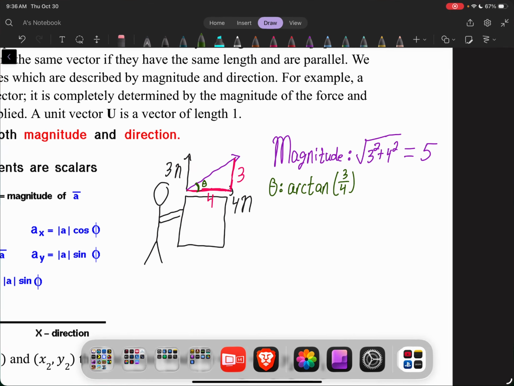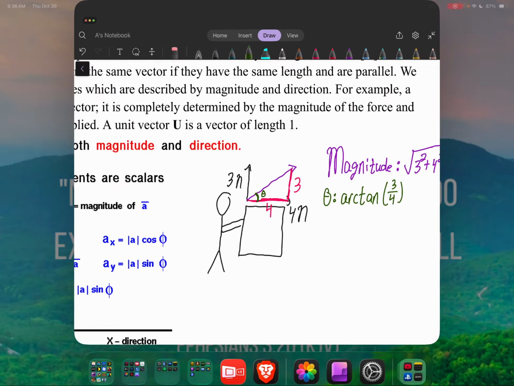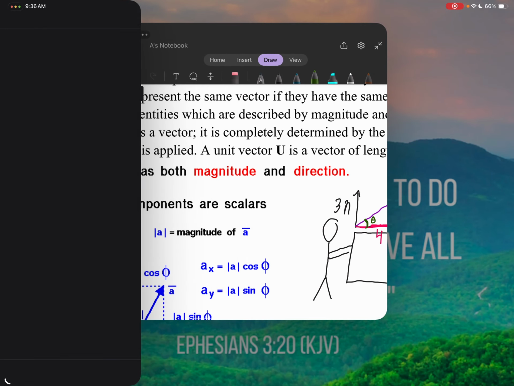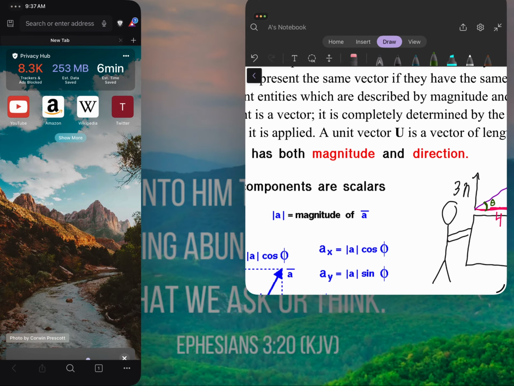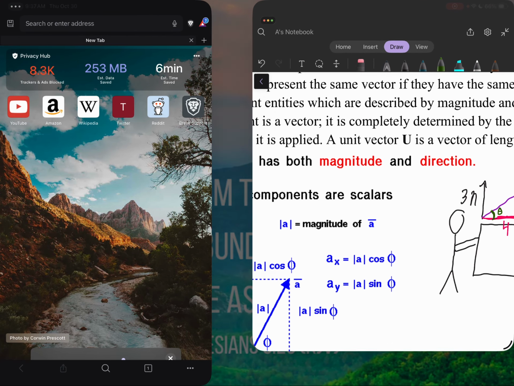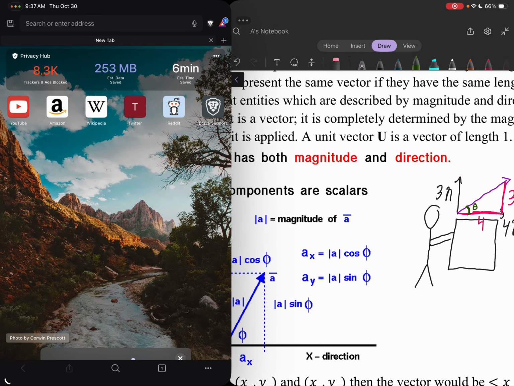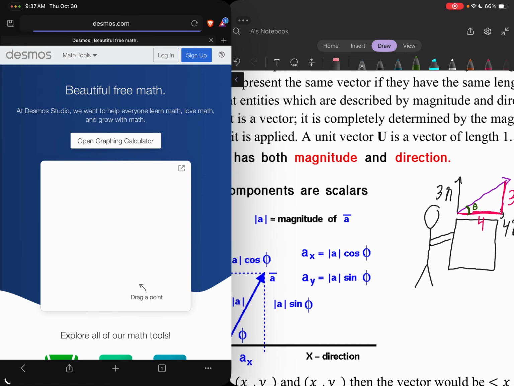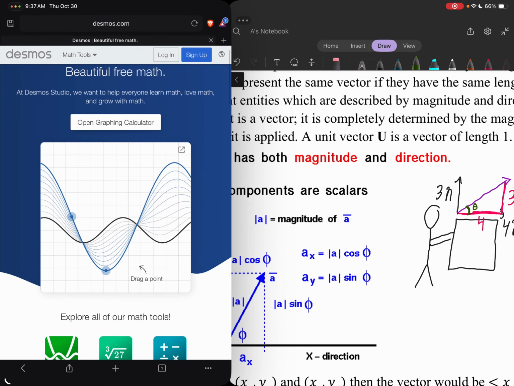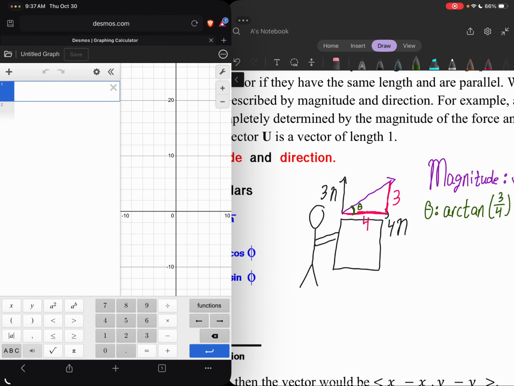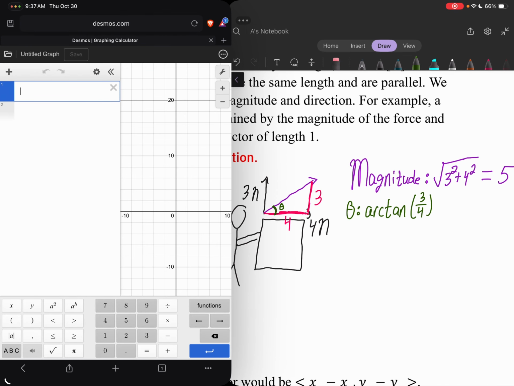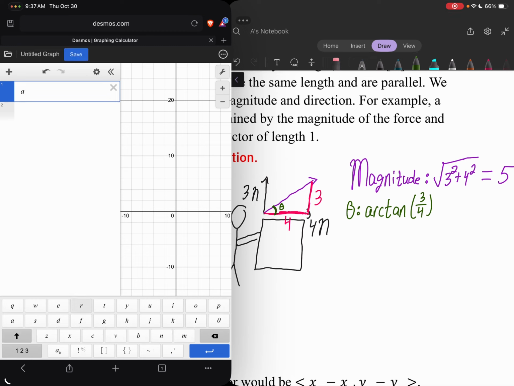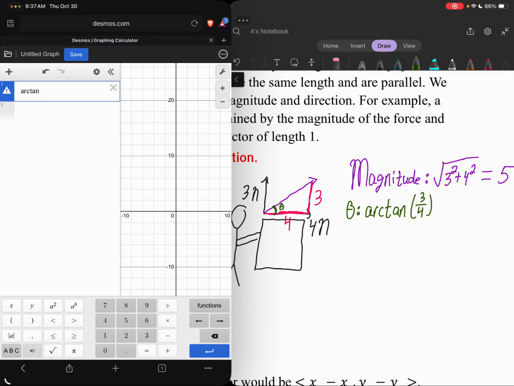So I'm going to show you in Desmos so that you can do it on your work for today. Keep in mind we're talking about degrees. Arctangent, 3/4.